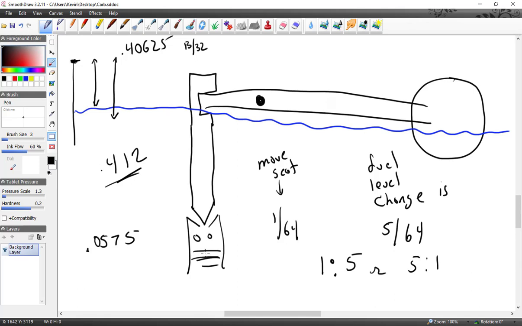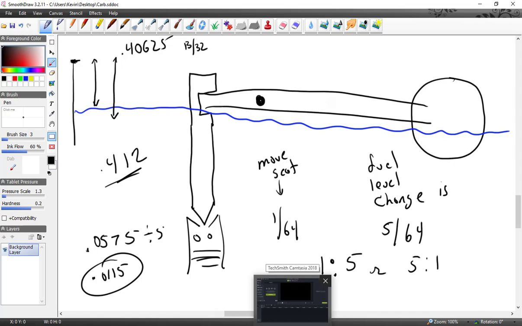So should I change the seat 0.0575? Nope. I need to change it 1/5 of that. So simply divide by 5, and you will end up with 0.0115. That's the size shim that I should put in there.